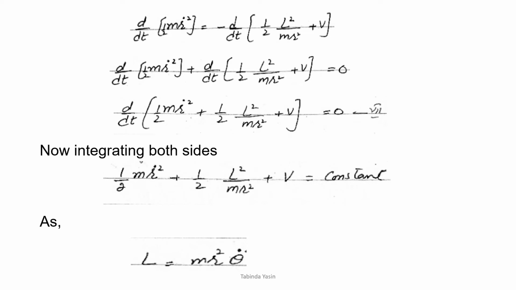We know that the angular momentum value L is equal to m r square theta dot. I give you a few seconds to understand and note down the steps to calculate the equation for the final result.